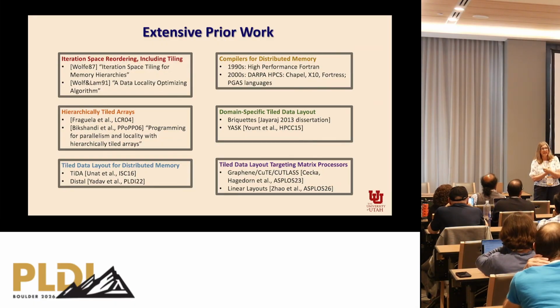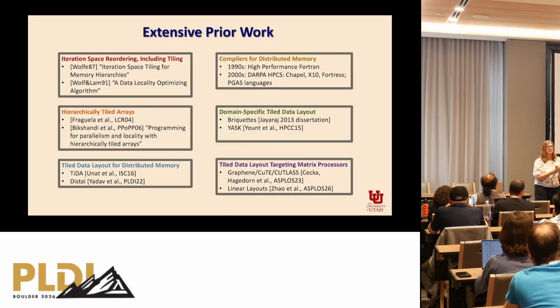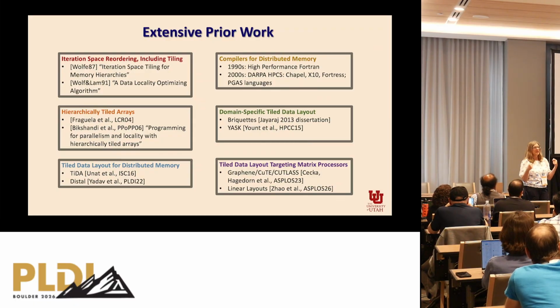So you're not changing the layout to change the memory access pattern. You're changing the iteration order to affect the memory access pattern. And originally, iteration space reordering transformations were focused on exposing parallelism, improving parallelism. And so this is a case where it's focused on improving locality.